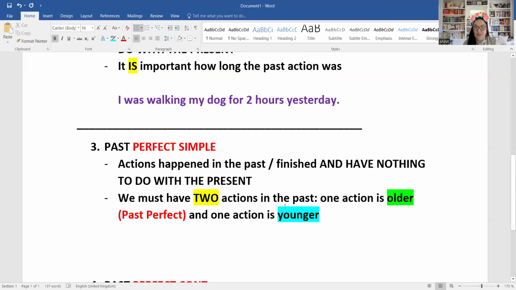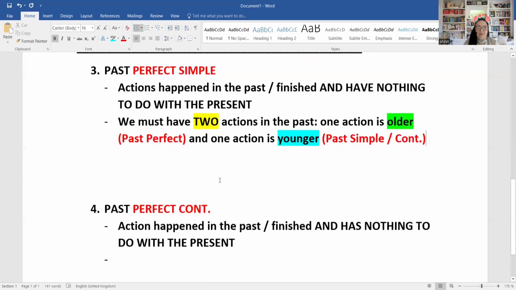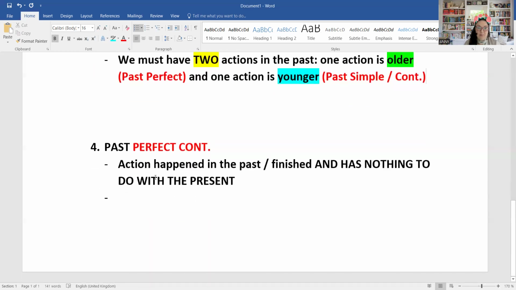And younger action can be past simple or past continuous.